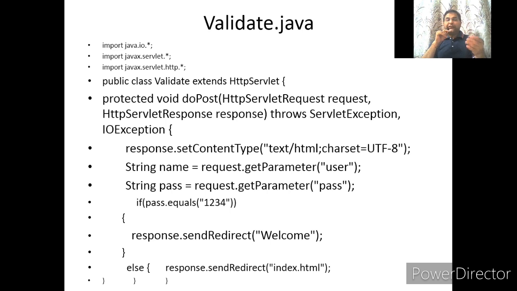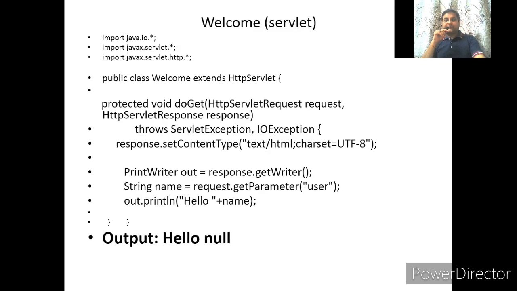If the condition is satisfied, the response object is sending the control to the welcome page, and if the condition fails, then the else part will be executed. And what is written in the else part? response.sendRedirect index.html. Again, the first page of the application, the index.html page, will come to the user.